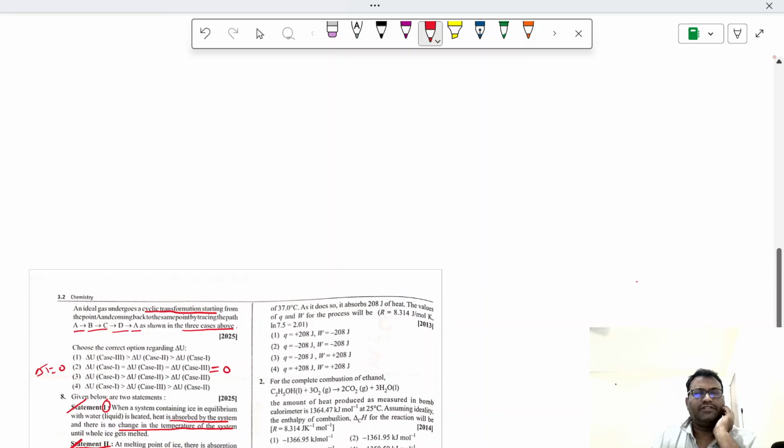Here is the gas, question number 1. Number of moles is 0.04.